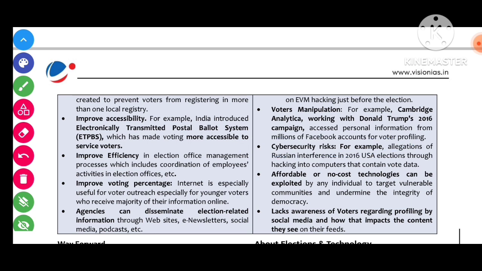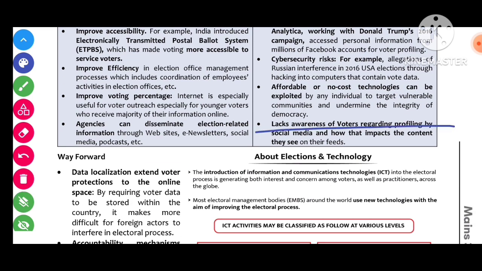For example, allegations of Russian interference in the 2016 USA elections through hacking into computers that contained vote data, and affordable or no-cost technologies can be exploited, and lack of awareness of voters regarding profiling by social media and how that impacts the content they see on their feeds.